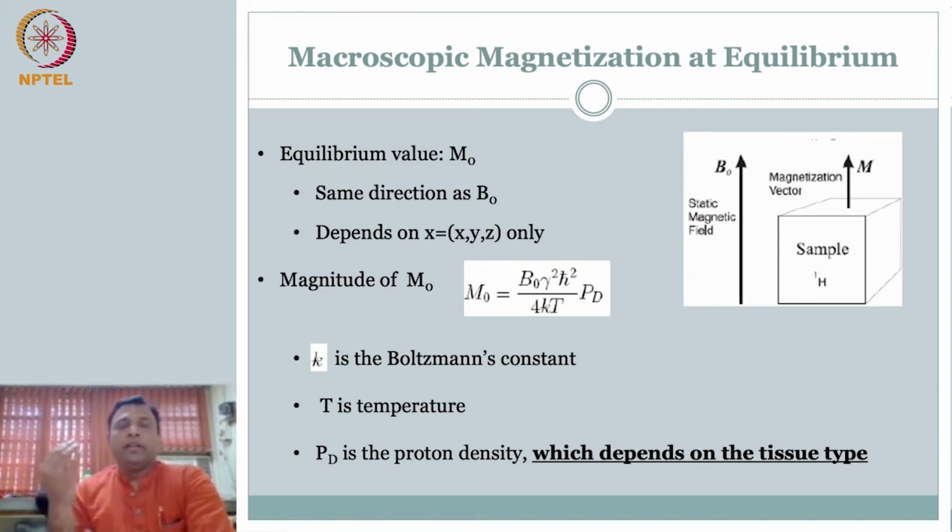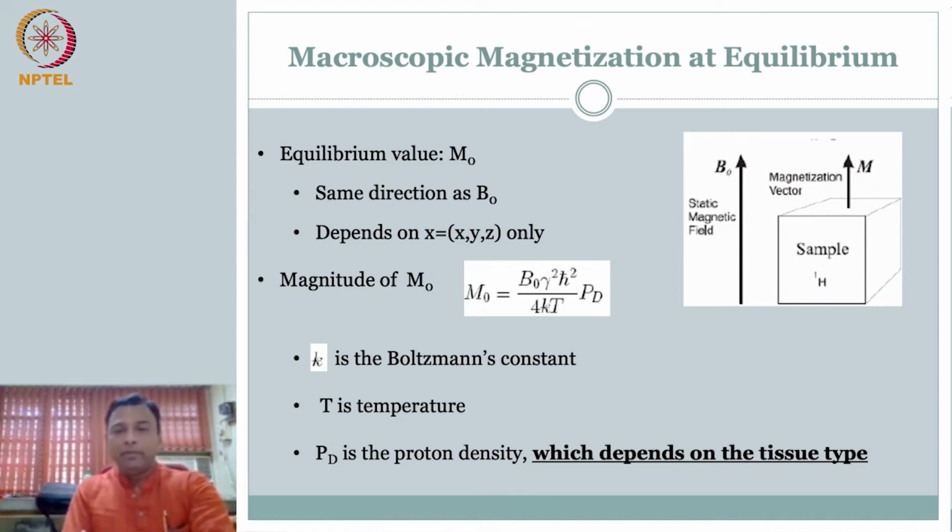How do I know it is hydrogen? If it is gamma, then I know the signature frequency. If I get signal at that frequency, which was 42 point whatever megahertz for 1 Tesla, so depending on the B naught that you are using, you may have gamma in megahertz. So your gamma is for hydrogen. That also is not a problem for me.